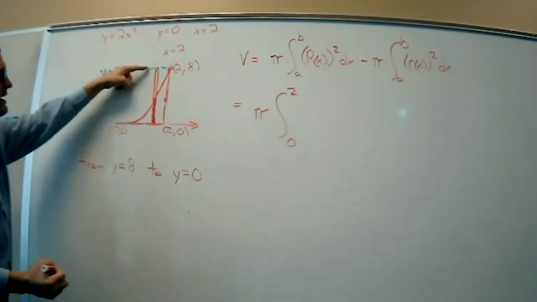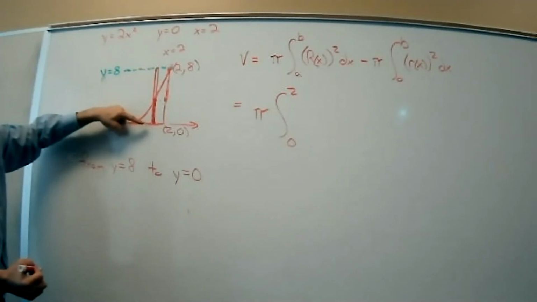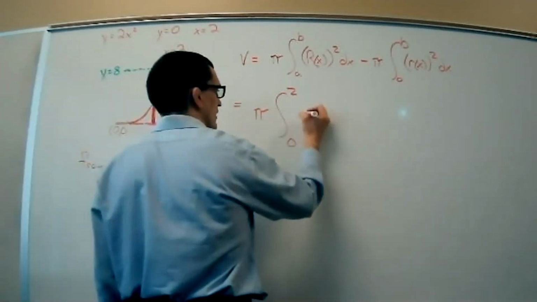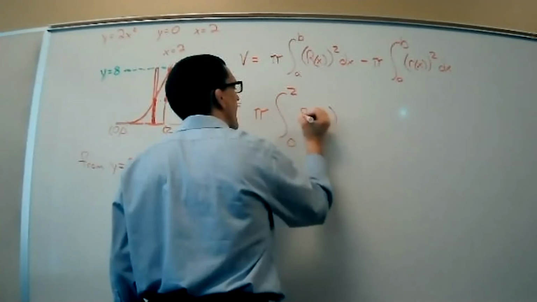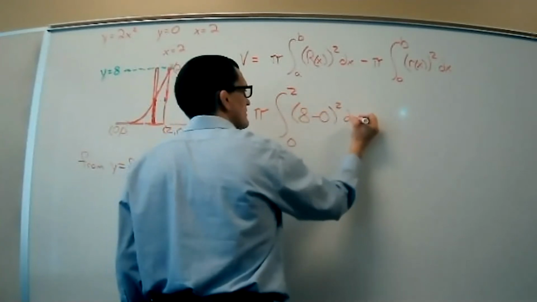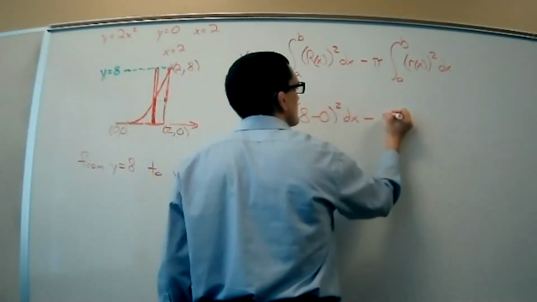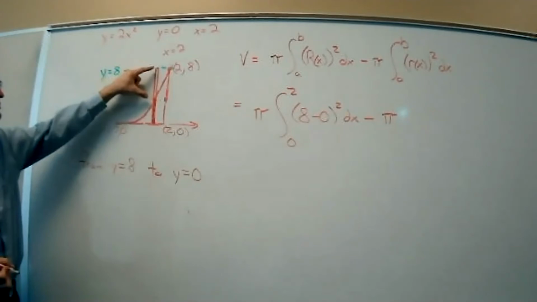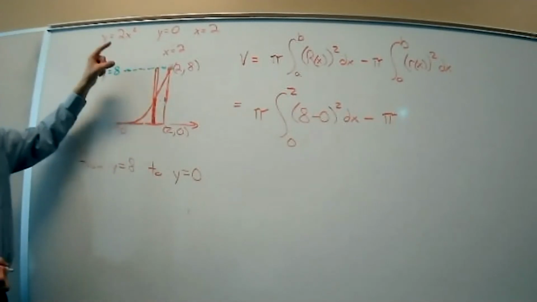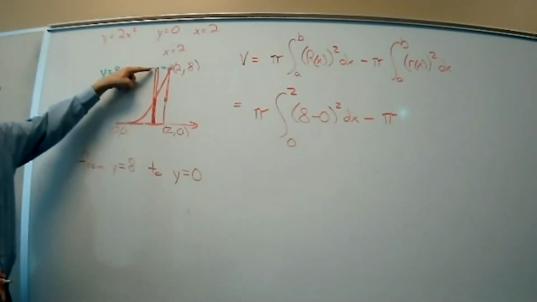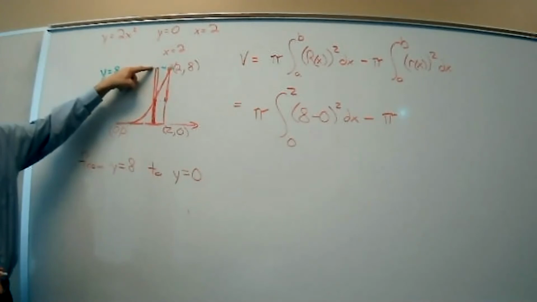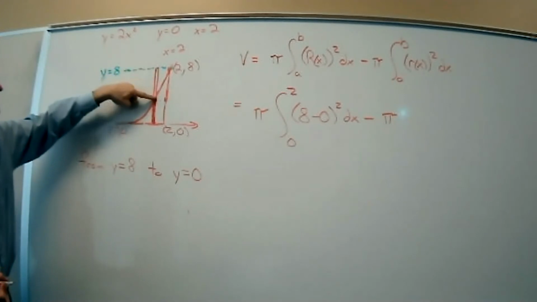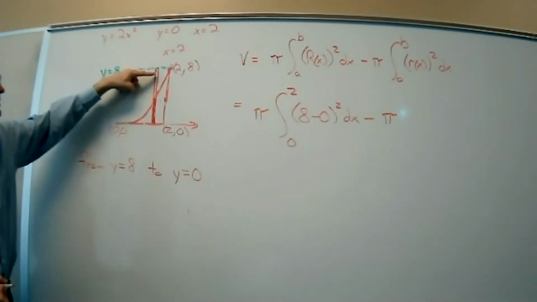So from y equals 8 down to the x-axis, from 8 to 0, that's our bigger radius. The one that we're missing out, our smaller radius, again, when you go to your smaller radius, make sure you're going up to the line you're rotating around, right? So it's from here to the line we're rotating around.